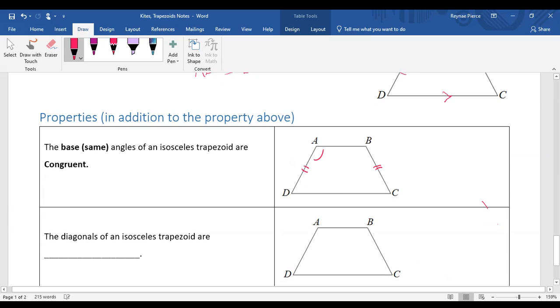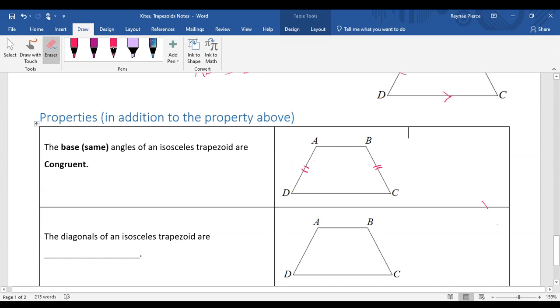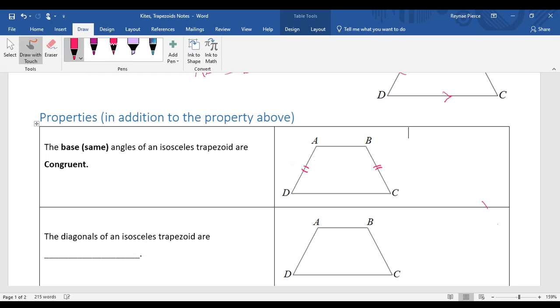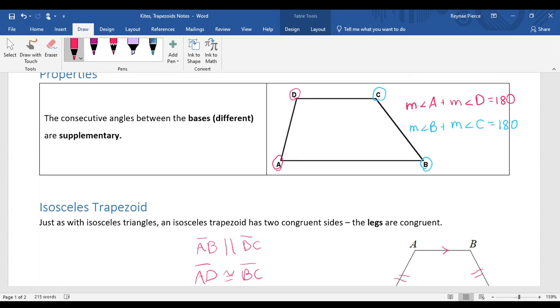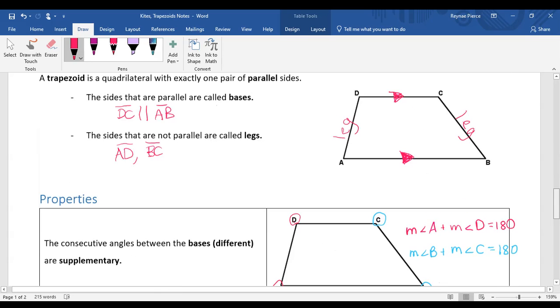Angle A and B are congruent, those base angles that are on the same base.